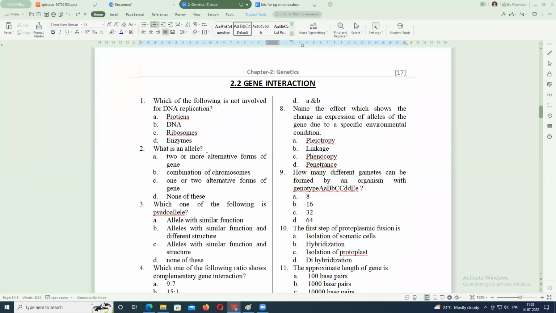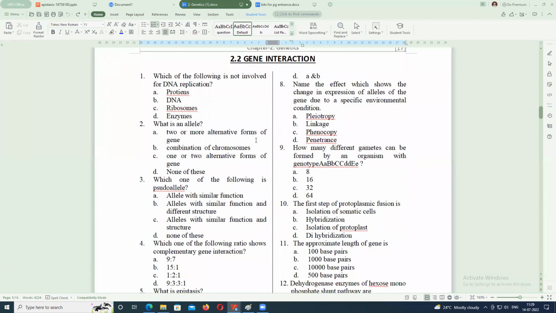Okay. Next, what is an allele? 2 or more alternative forms of a gene, combination of chromosomes, 1 or 2 alternative forms of a gene, or none of this. What is the appropriate answer? First, 1 or 2 alternative forms of. Yes, correct.